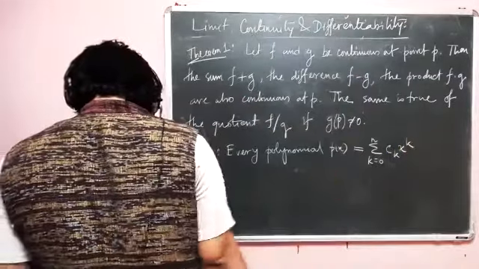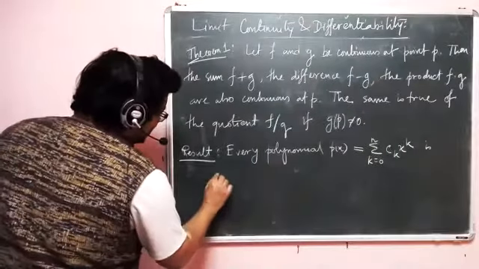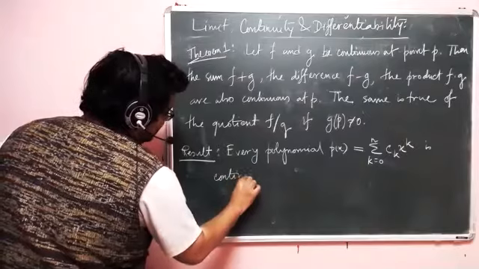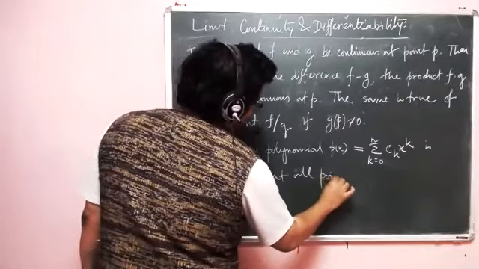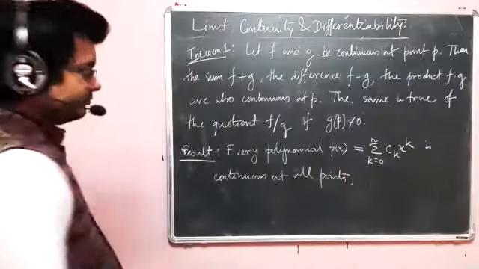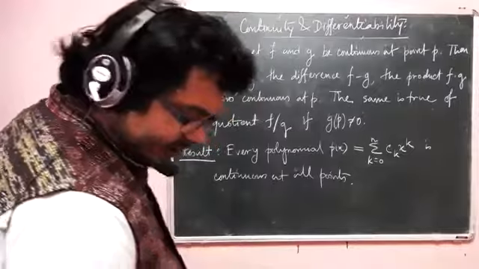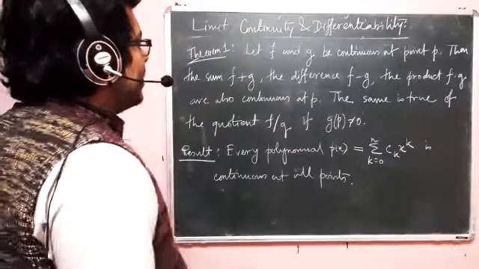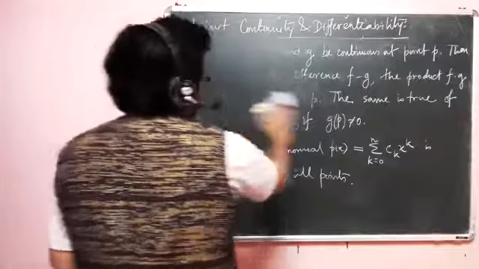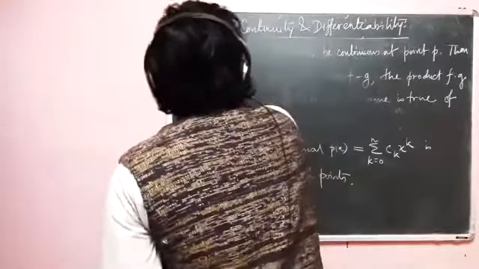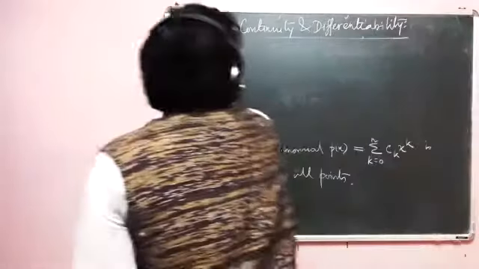This is continuous. This is basically the functional definition, the structure of a polynomial. So it's continuous at all points. Now this result is pretty trivial, but why is it important? Because we have to work with polynomials a lot of times. Polynomials will play a very, very important role in our work.